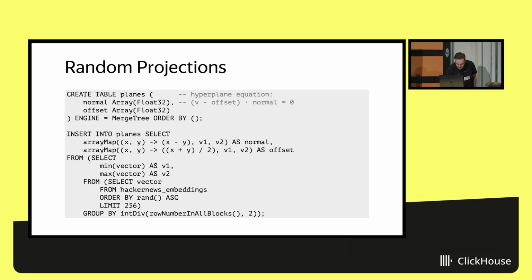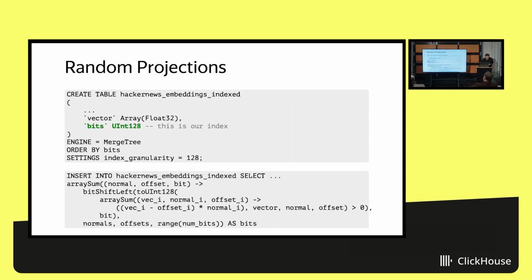Here is one point, here is another point, and we will calculate the vector between these points, and we will also calculate the offset and insert it into our table with hyperplanes.